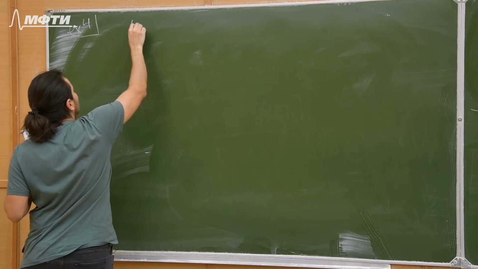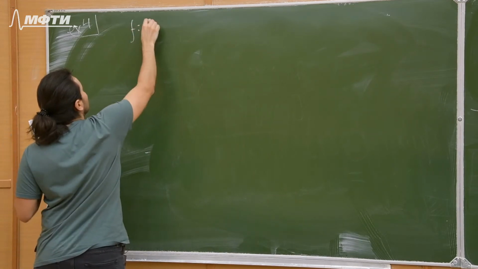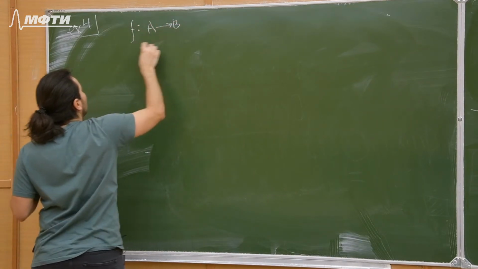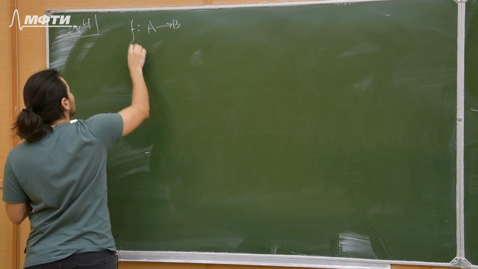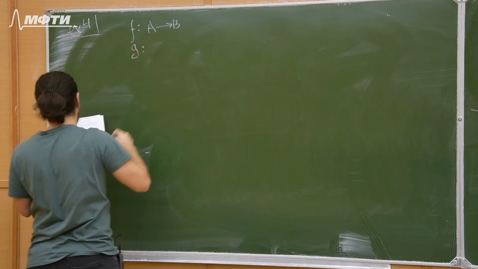So f is a function from A to B, and g is a function from A to B as well.